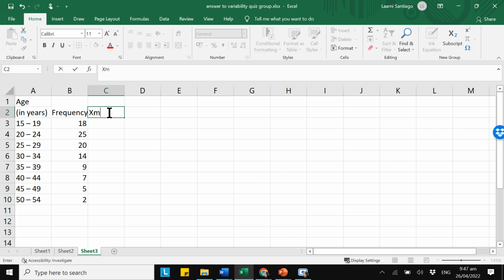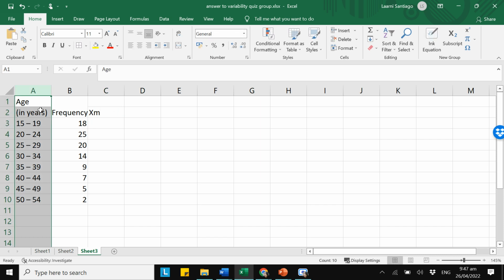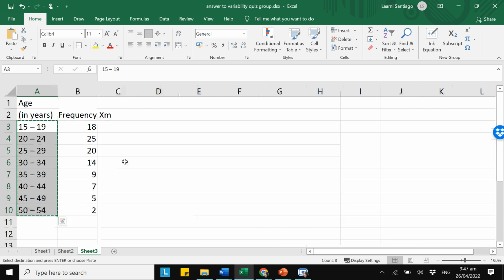So to get the X of M, ang ginagawa ko guys, if you're going to use Excel, itong mismong ito, pinaghihiwalay ko na siya para lahat pwede kong i-compute manually. So gumamit na naman tayo ng Excel this time.